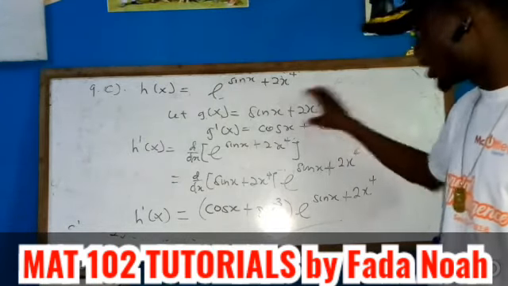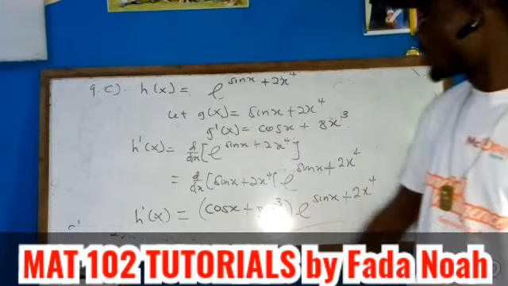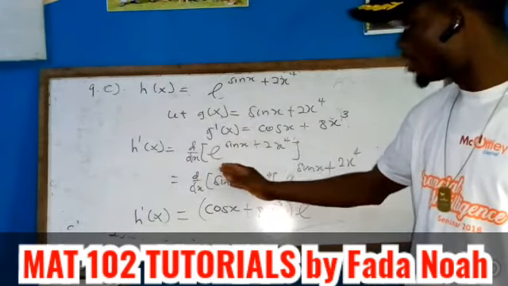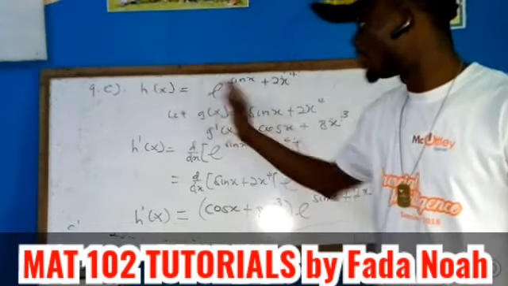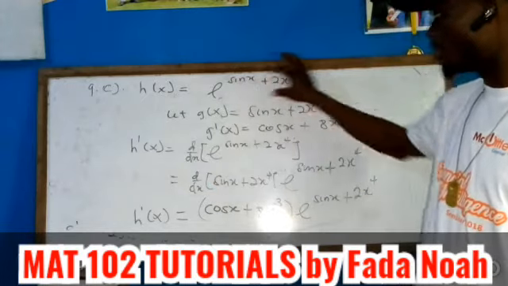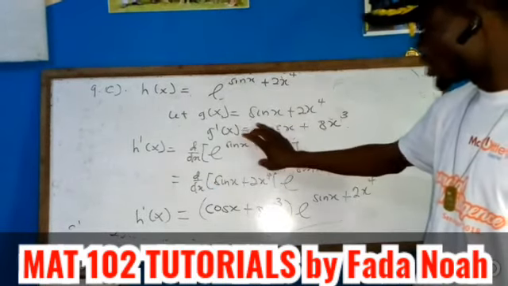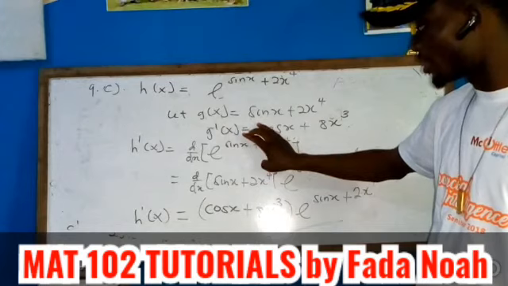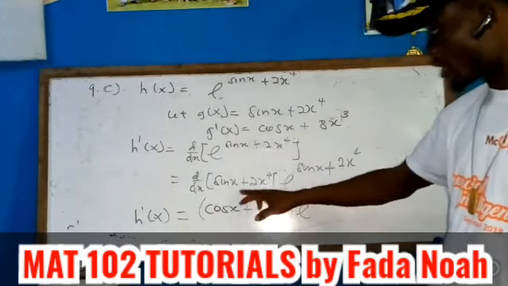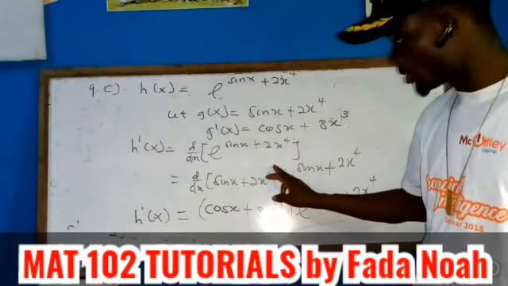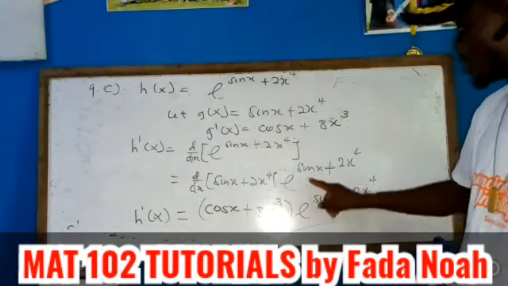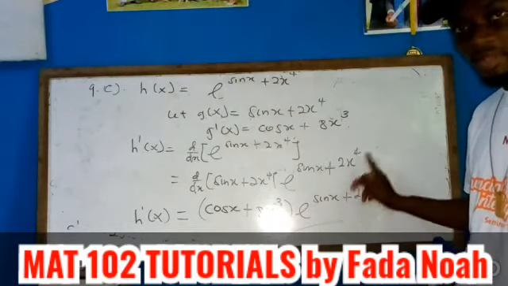Okay, you know how to do that. And we write that our h prime of x is equal to what? Actually we differentiated both sides. So h prime of x equal to the derivative of the right hand side. So here we apply the rule over here. We find the derivative of the exponent, which is d dx of sine x plus 2x exponent 4, times the original function given, which is e exponent sine x plus 2x exponent 4.